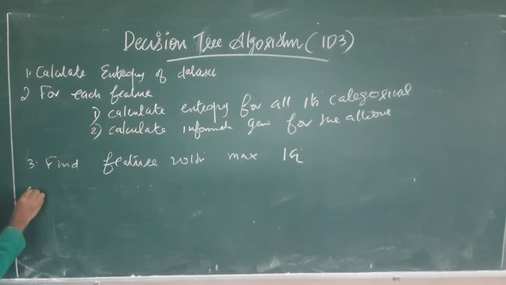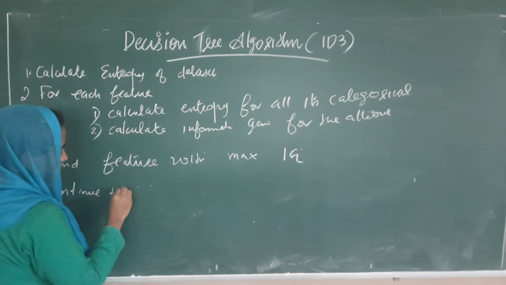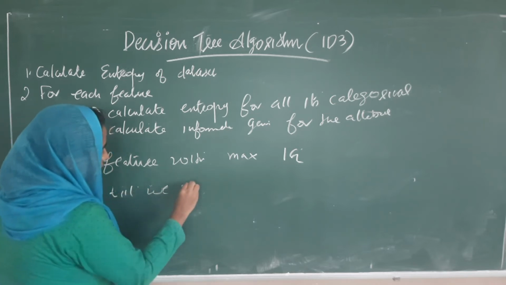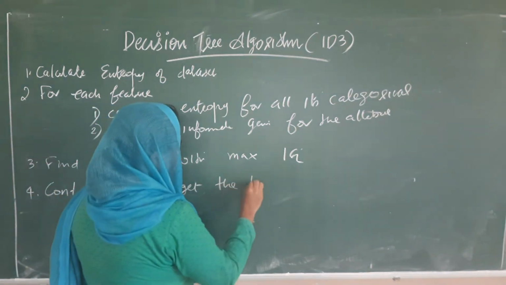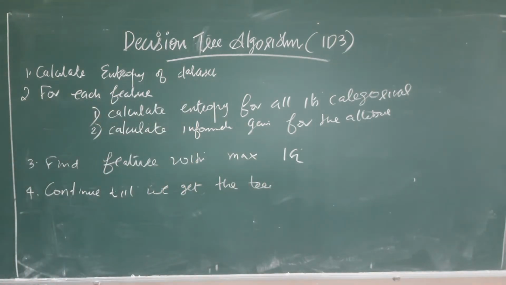Now you have to continue until we get the desired tree. Okay, so this is the algorithm. For a hypothetical data set, we will see how it splits the tree. So we will see the example.